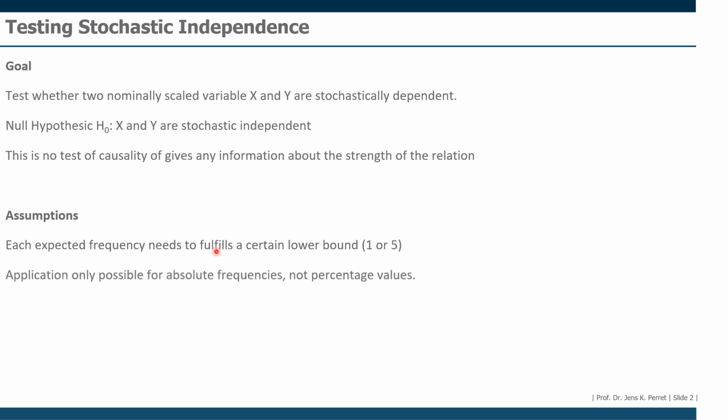Then we can only use absolute frequencies. This means if you have your contingency table, your cross table, the cross table can only contain absolute values, something like count data. It cannot, or it should not contain percentage values, because if it contains percentage values, then you can no longer use the chi-square test.